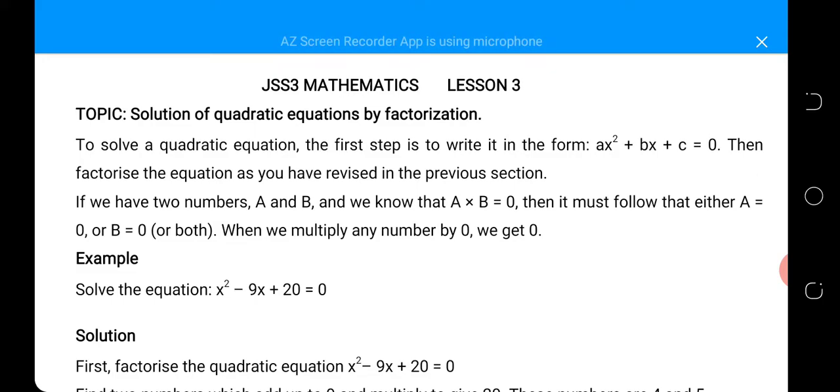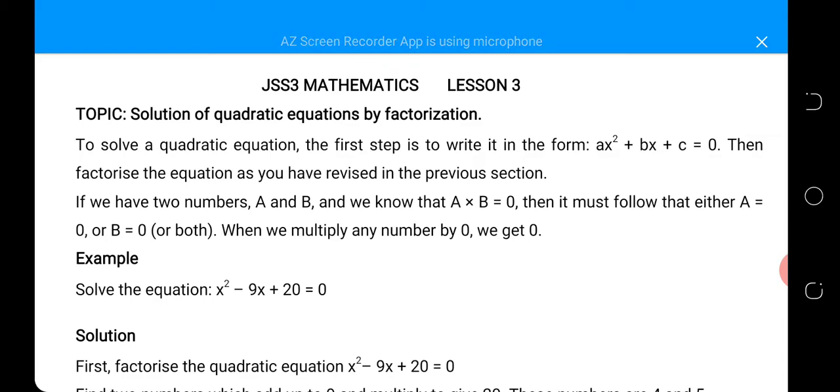After it has been written in that form, the next step is to factorize the equation using the knowledge we learned in the previous lesson. After it has been factorized, let's assume that we have two factors a and b, such that a multiplied by b is equal to 0.